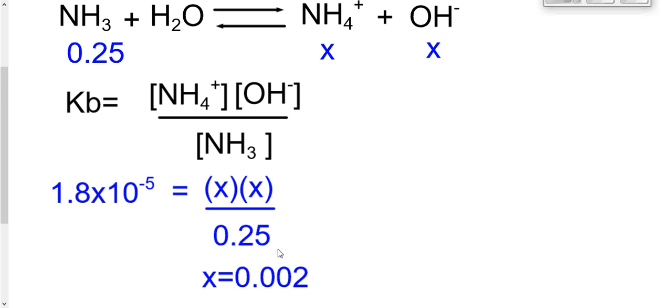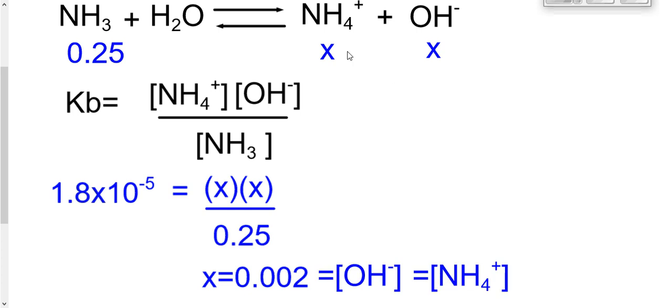Doing the math to solve for x, we come to a value of 0.002. Up above, we defined x as being both the concentration of ammonium and hydroxide. So at this point, we know the hydroxide concentration and the ammonium concentration. They will both be 0.002 molar.